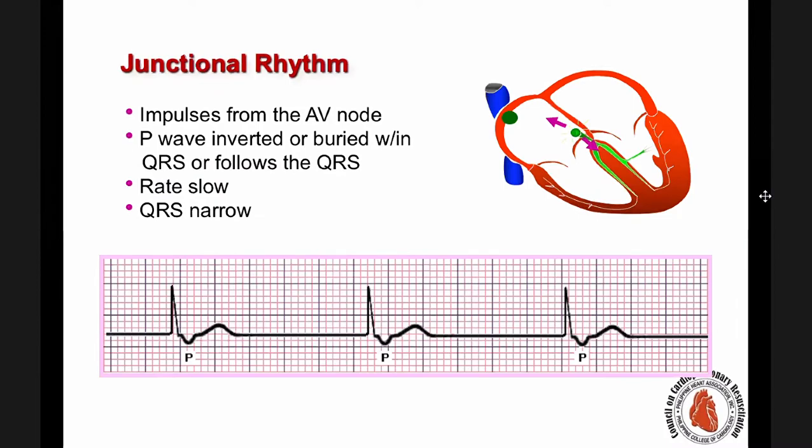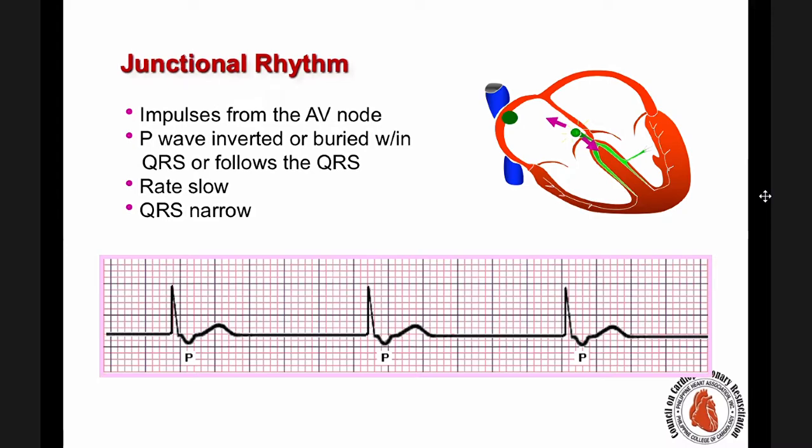Junctional rhythm, yung concept niya is easy, but sometimes this is difficult for students. The concept here is that the SA node did not fire, and that's why the AV node now ang naging pacemaker mo. Kaya the AV node will be firing at a slower rate, below 60 beats per minute.